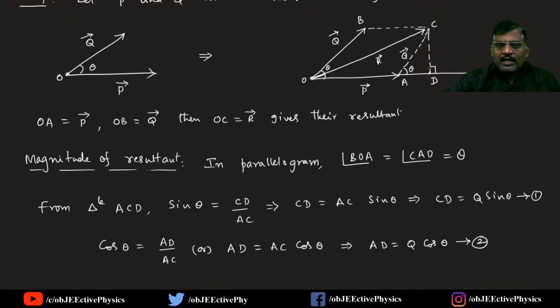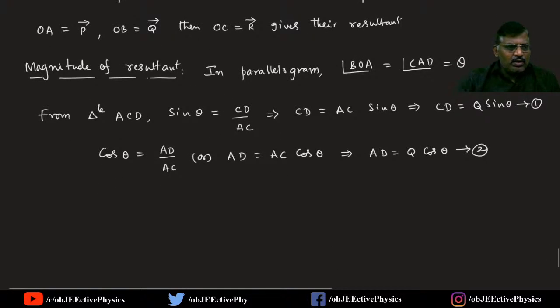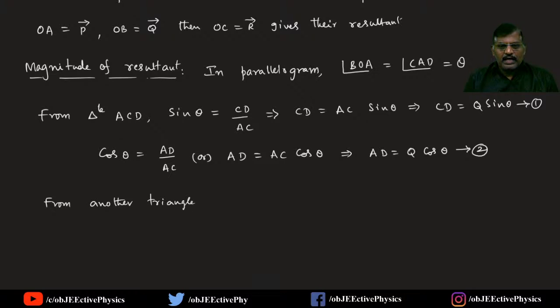Then, in another triangle, observe the diagram here, the parallelogram, the triangle OCD. So OC square, according to the Pythagoras theorem.